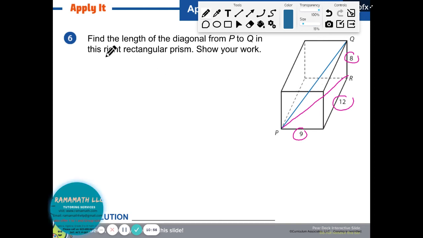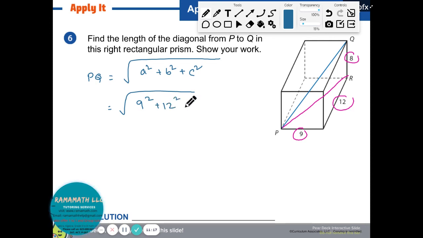But instead of doing that, as I mentioned in the last question, for the longest side, which is PQ, use the formula a squared plus b squared plus c squared, which are the side lengths given to you. So it's going to be 9 squared plus 12 squared plus 8 squared.